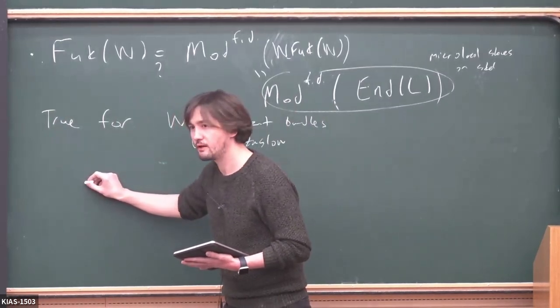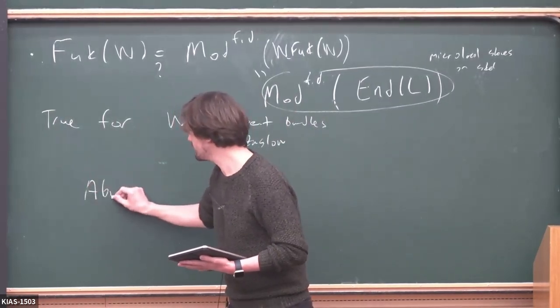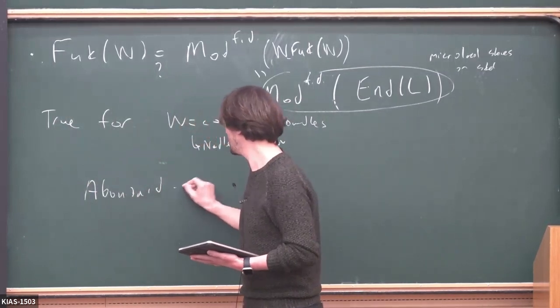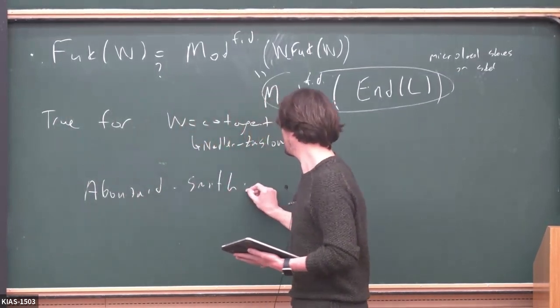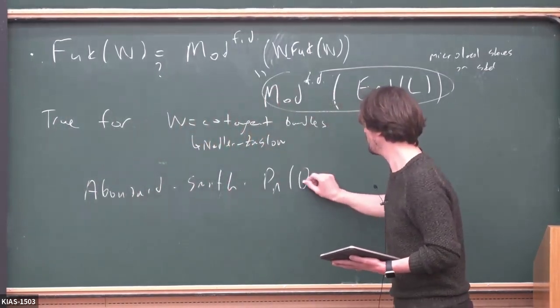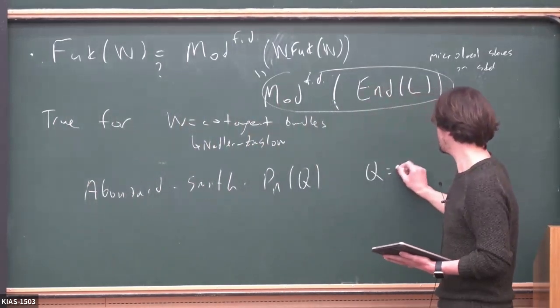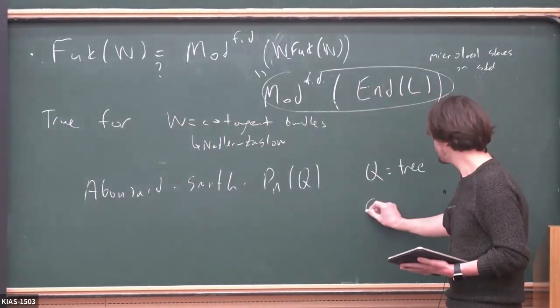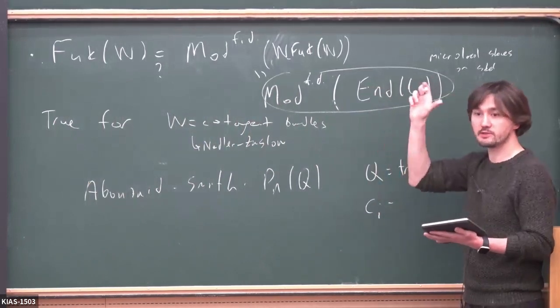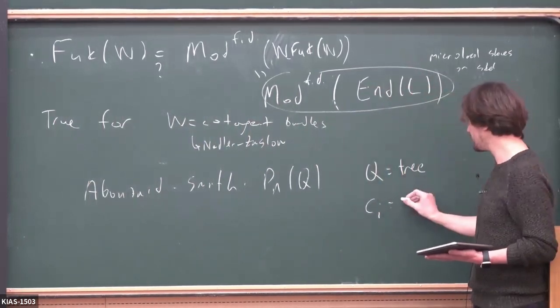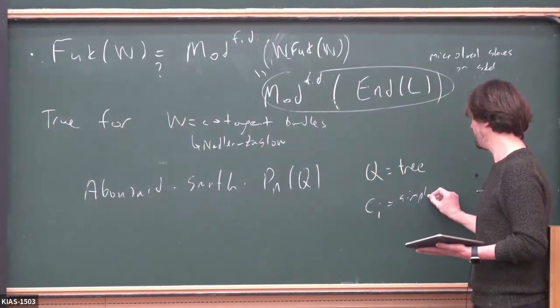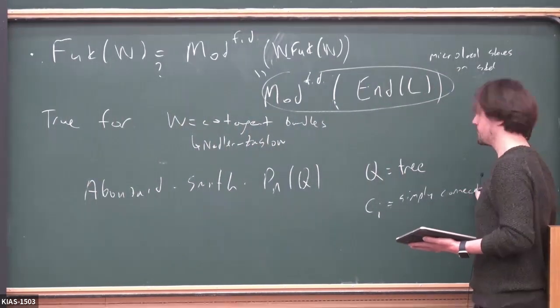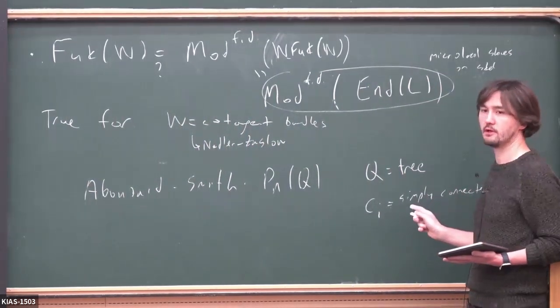This is partially done by Abouzaid-Smith. Smith showed this for P and Q, where Q is 3, and the Lagrangians that I initially considered are simply connected. So they did it for that case.